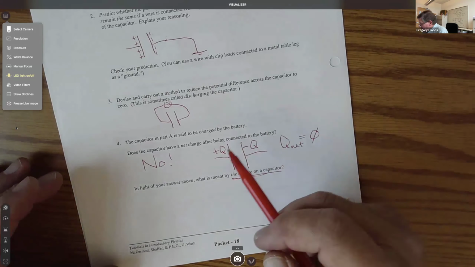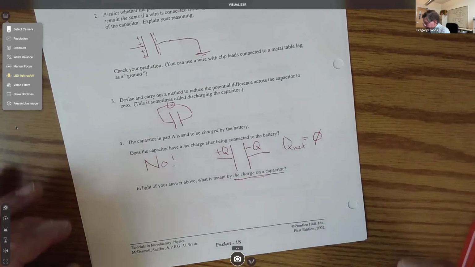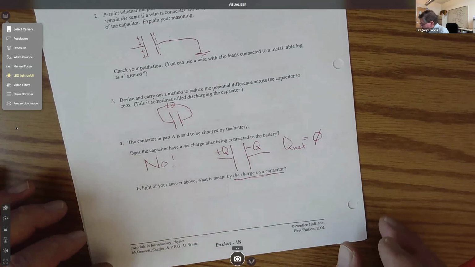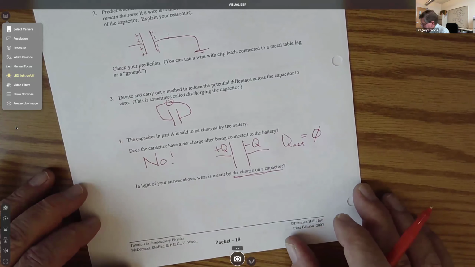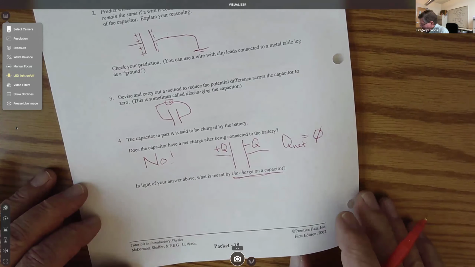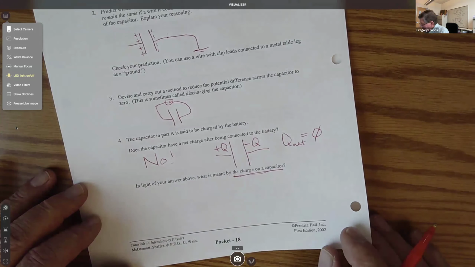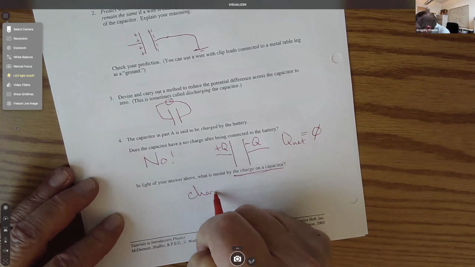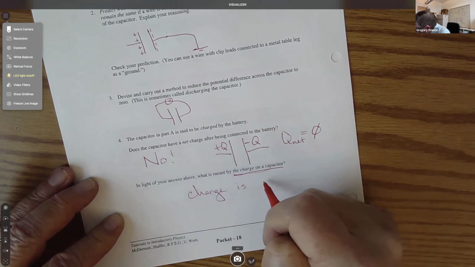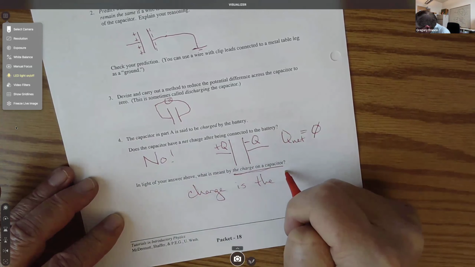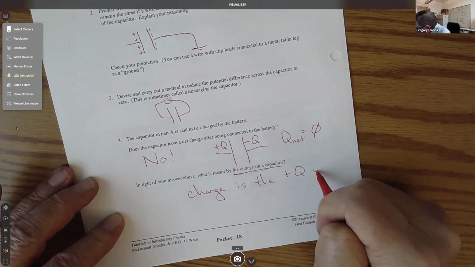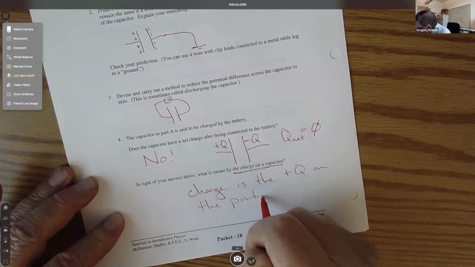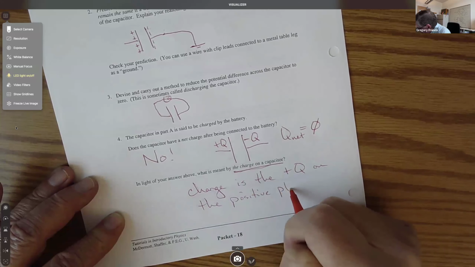Now, we use the charge on the positive plate just to get rid of a minus sign and to undo the mistake that Ben Franklin unfortunately made. And so the charge is the positive Q on the positive plate. And that's by convention.